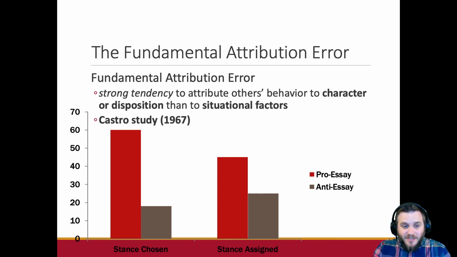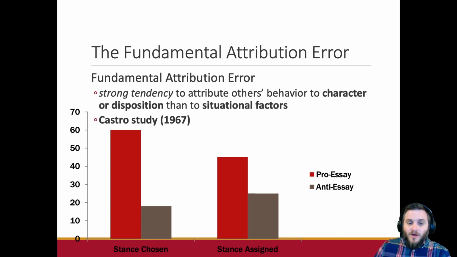In another condition, they were told the essayists were assigned to the essay. So here, the essayist was said to have chosen pro or con, and the participants rated the essayist's attitude.